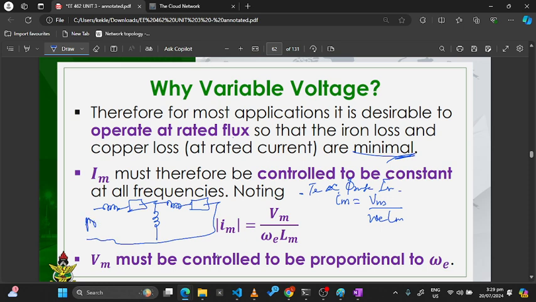You have Vs over here. This is Vm. Is that okay? So Im, which is the current passing through this, should be equal to the voltage across this divided by its impedance. Is that okay? So Im is equal to this. So the magnitude of Im should be equal to the magnitude of Vm divided by this. Omega E Lm.